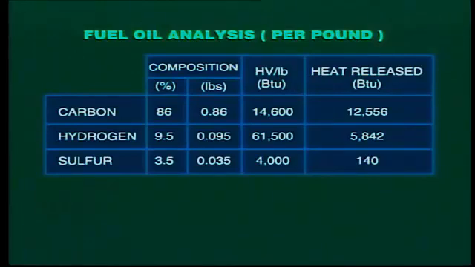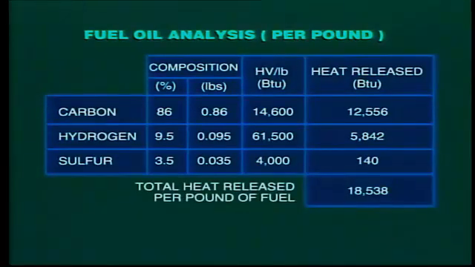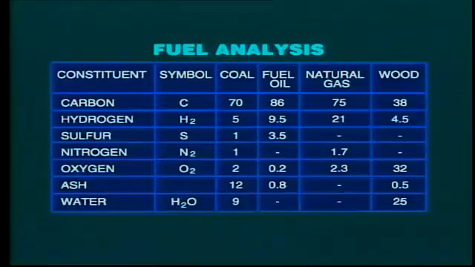Summing all of these quantities of heat for the different combustibles, we find that the total heat content of this particular fuel oil is equal to 18,538 BTU per pound.